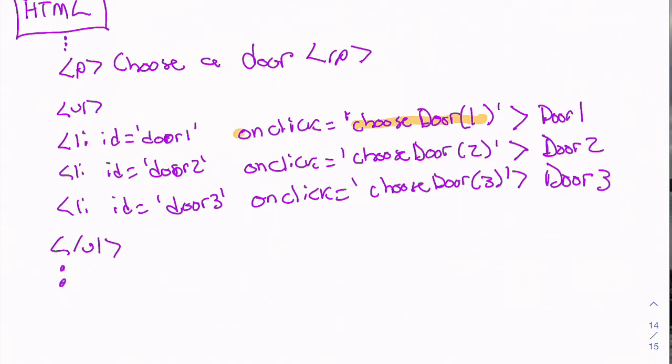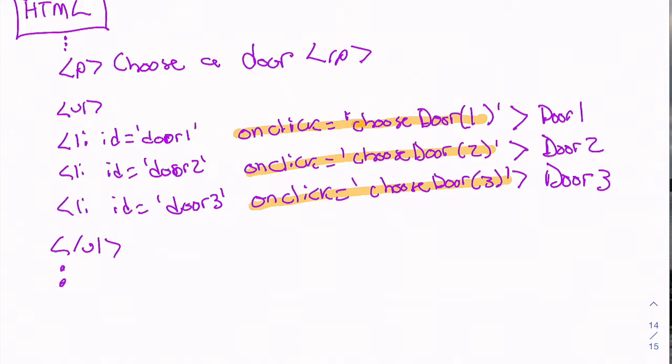This special tag that appears inside the list element says, when the user clicks on the door, I want you to call choose door 1. Call that JavaScript method. When the user clicks on door 2, I want you to call choose door 2. When the user clicks on door 3, I want you to call the method choose door passing in the value of 3.